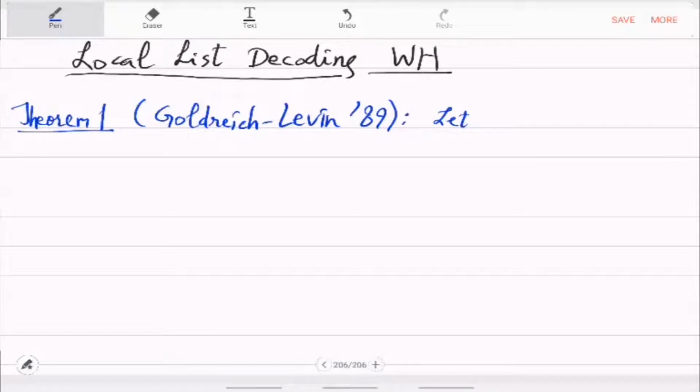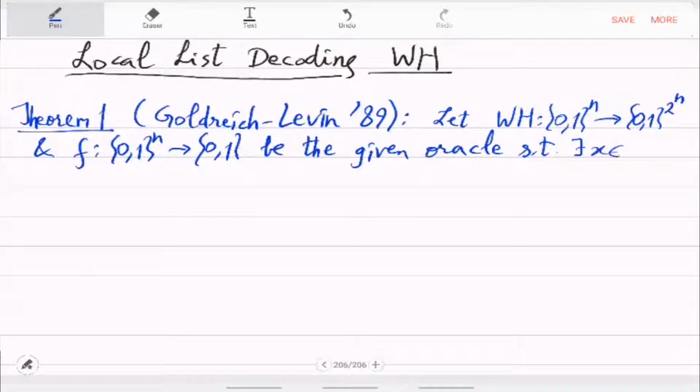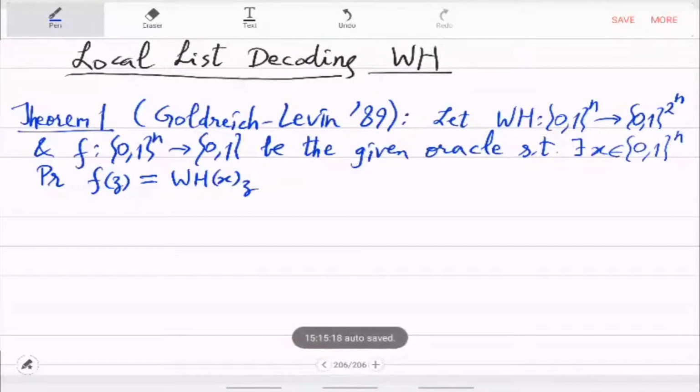So they say that WH is the map, and f is the 2 raised to n bit string that you should think of as the corrupted code word given to you, the given oracle, such that there is a message x for which f and Walsh-Hadamard of x in the zth place are mostly equal, they match.